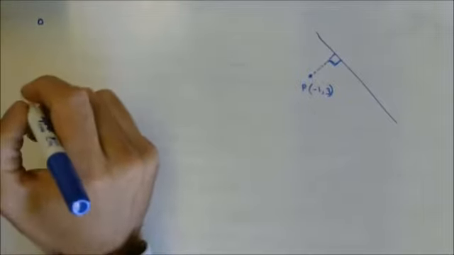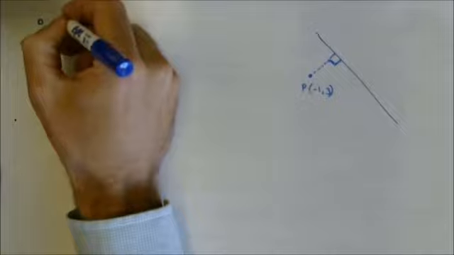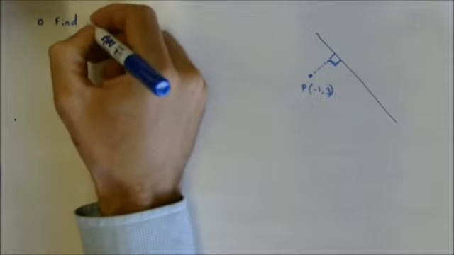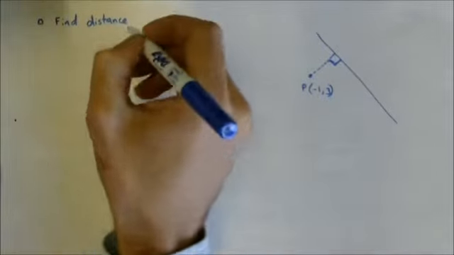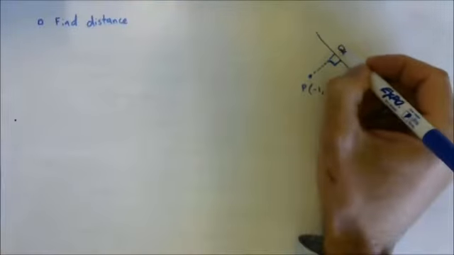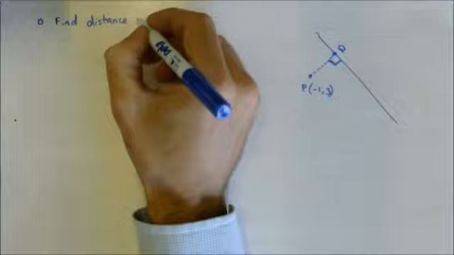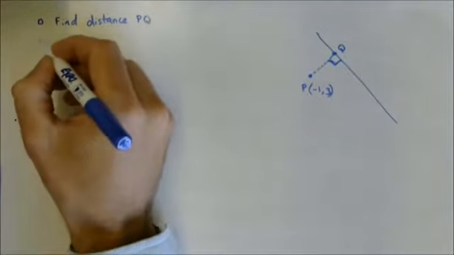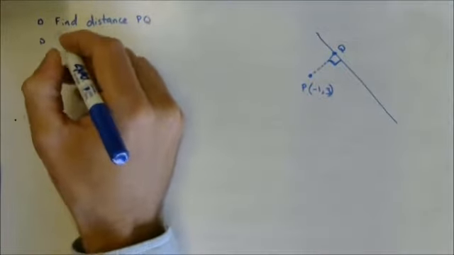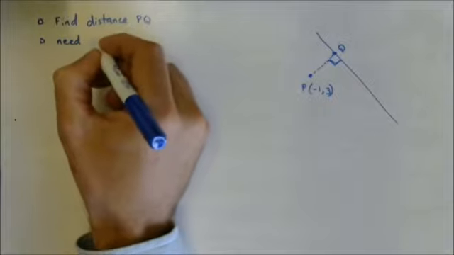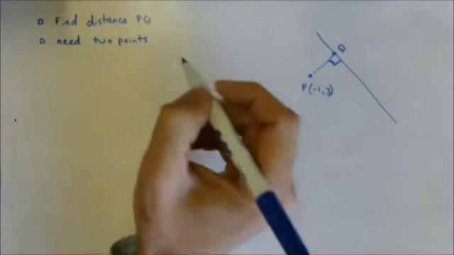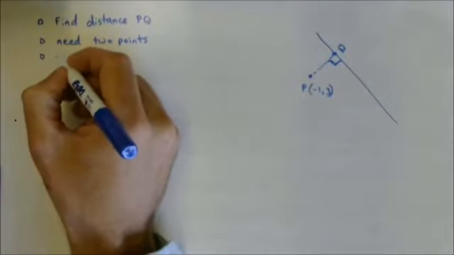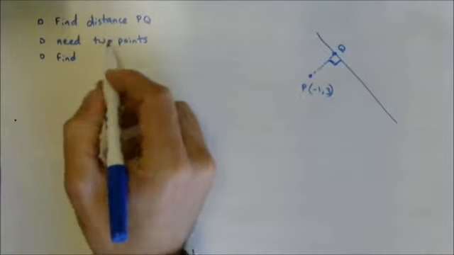So you look to the question, it says find the distance. So that's what you're going to be doing last. Find distance, and we can call it PQ. In order to find the distance PQ, you need 2 points.